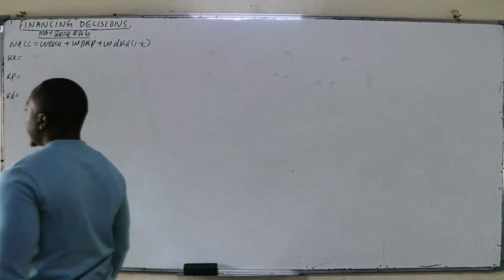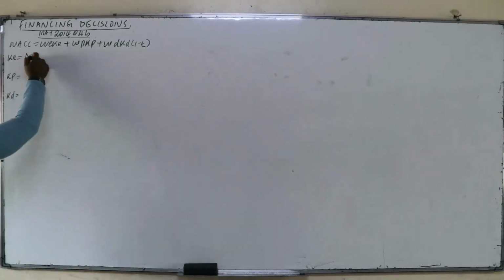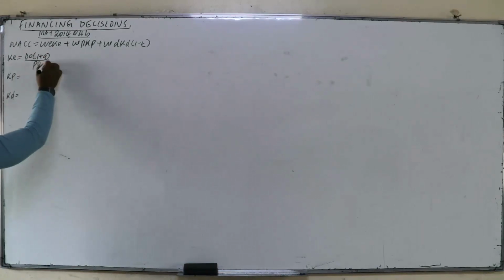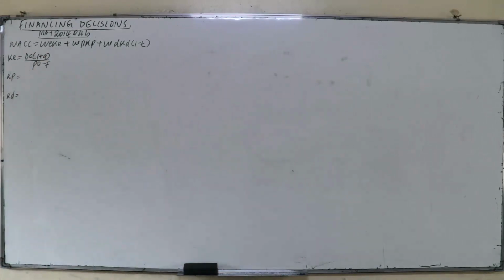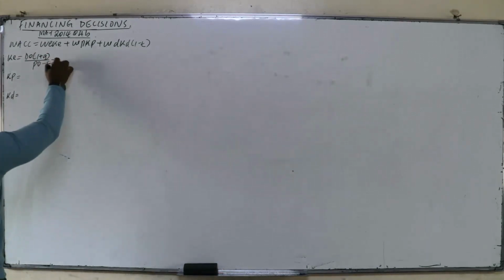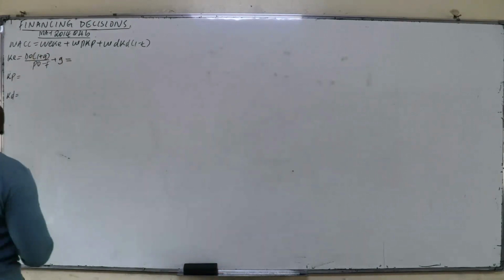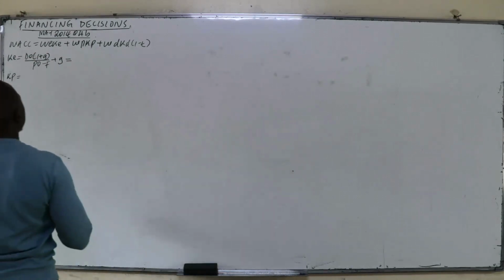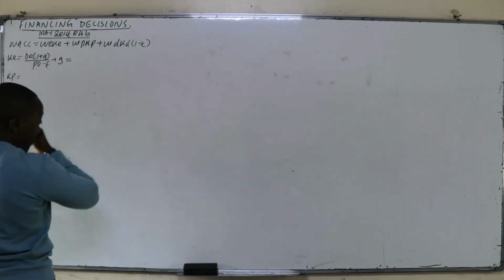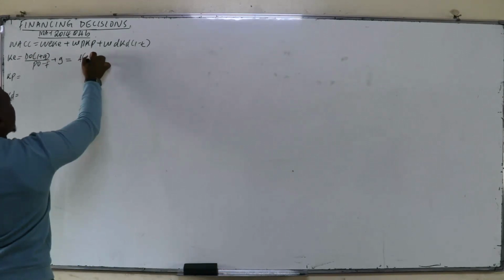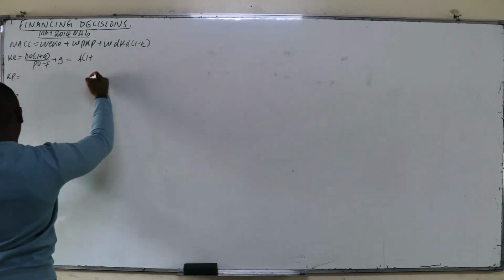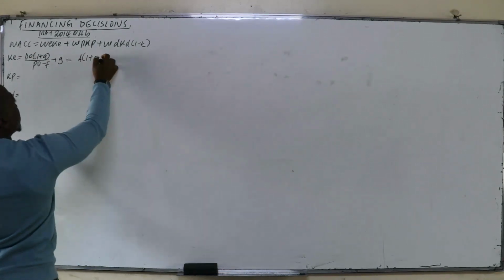And how do we get the cost of ordinary share? It's D0(1+g) over P0 minus flotation, plus g. But in this case, we're evaluating the existing funds, so there is no flotation cost. You only consider the flotation cost for the preference share, but not for ordinary share. Then we add the growth rate. How much was D0? D0 times 1 plus the growth rate. How much is g? 0.05.